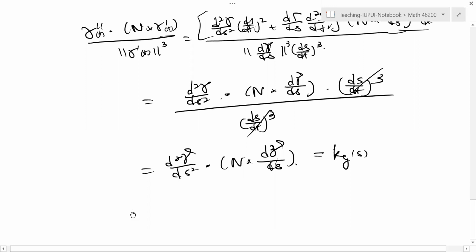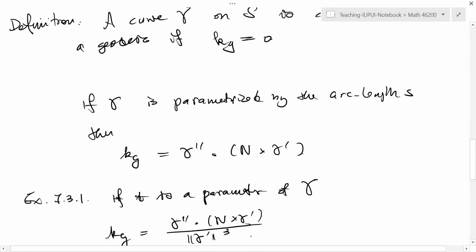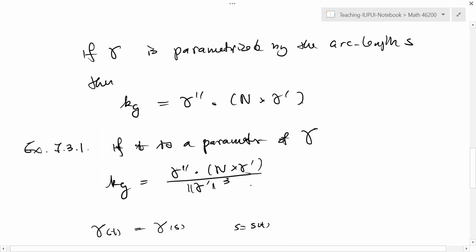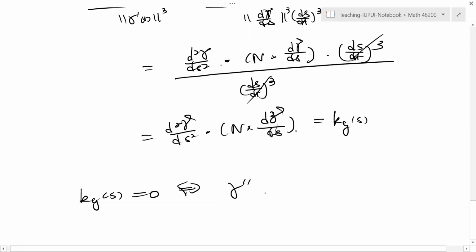So as you can see from the above formula, what you can conclude is that the geodesic curvature must be 0 if and only if gamma double prime of t dot n is 0.